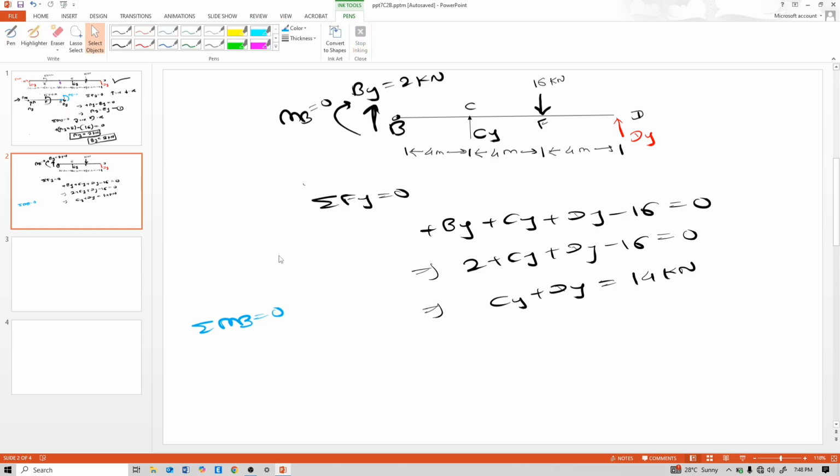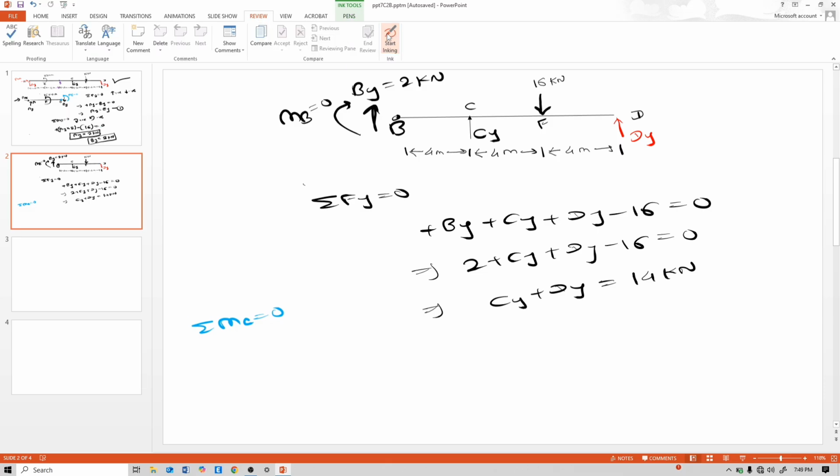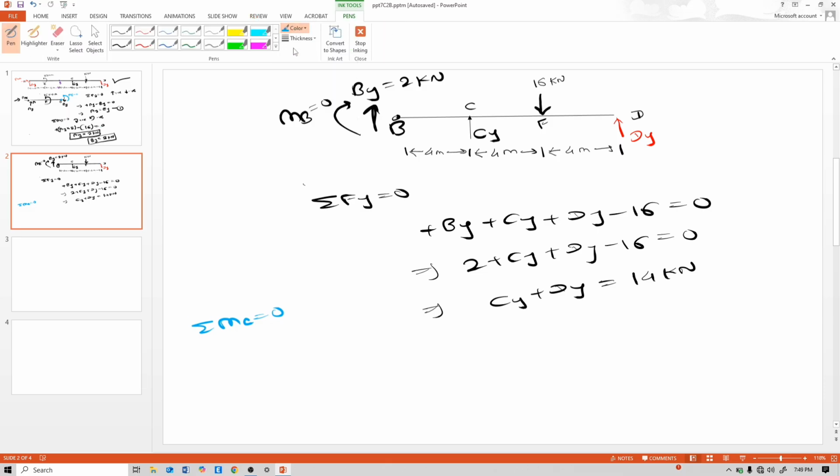When we calculate the summation of moment at B, then CY and DY are both unknowns. And if we calculate the summation of moment at C equal to 0, then the unknown is only this DY. So take moment at C equal to 0.